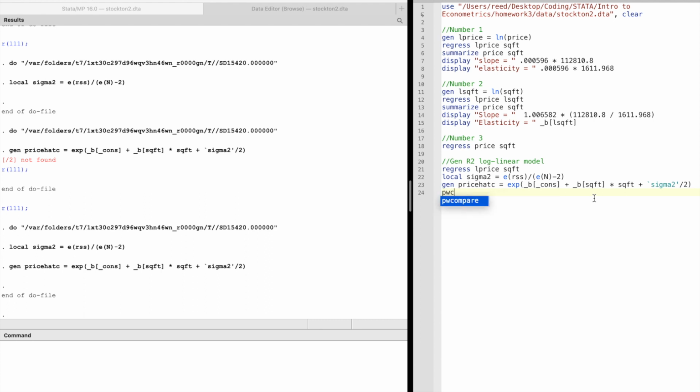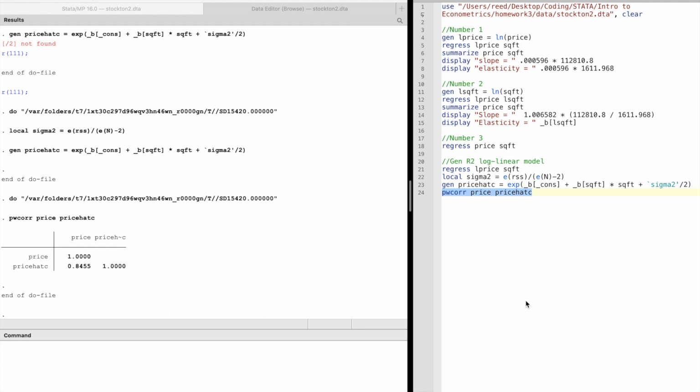We can find the correlation between price and price hat corrected. And then say display generalized r squared measure for log linear model is that correlation squared.